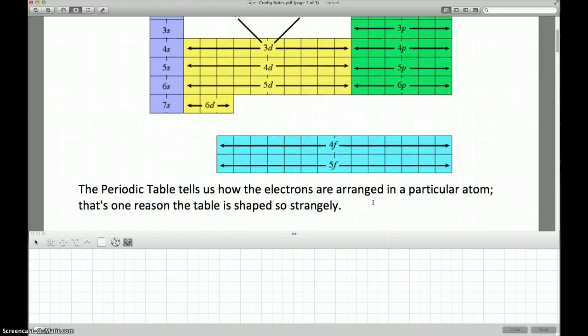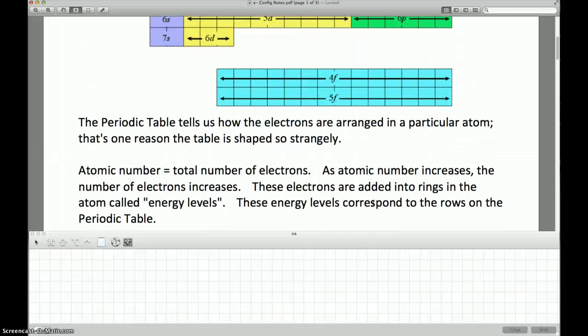What this is, it's like a roadmap for writing electron configurations. So let me just go through the notes real quick, point out some important things. Like I said before, the periodic table tells us how the electrons are arranged in a particular atom. That's one reason it's shaped so strangely. Remember, the atomic number is the number of electrons. As the atomic number increases, the number of electrons increases.